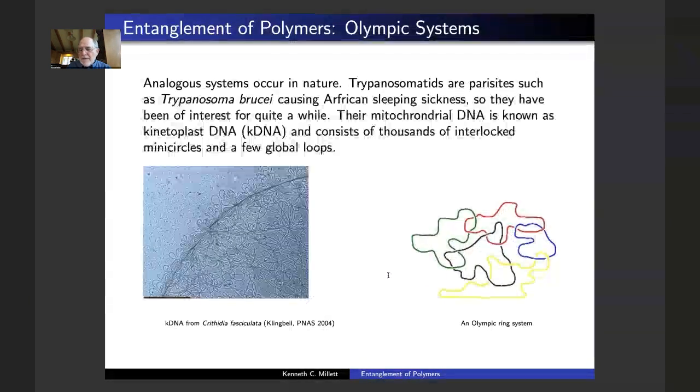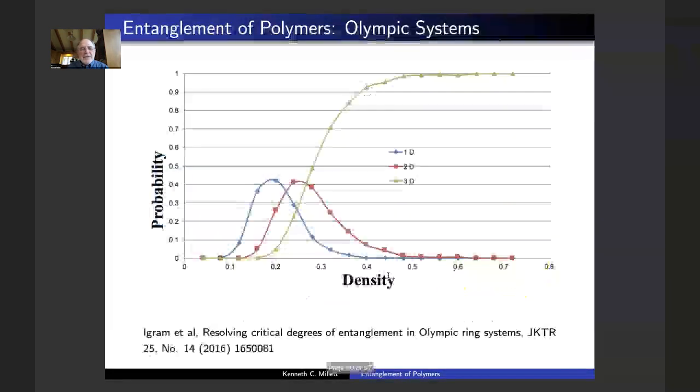Let's look at a collection of circles under three-dimensional periodic boundary conditions and varying densities, and look at the nature of the entanglement there using our linking numbers kind of structure. This is a one-slide version of this, where we have density along the bottom axis and probability of occurrence vertically.